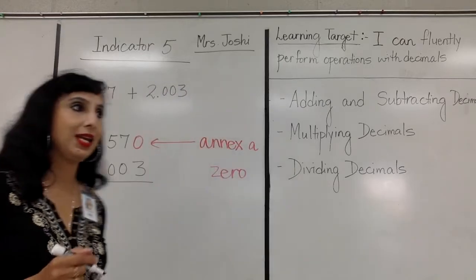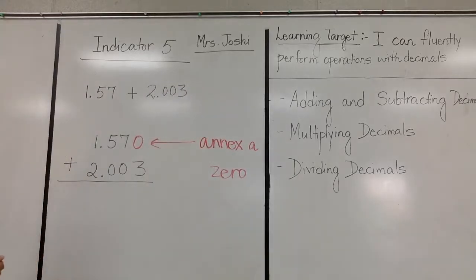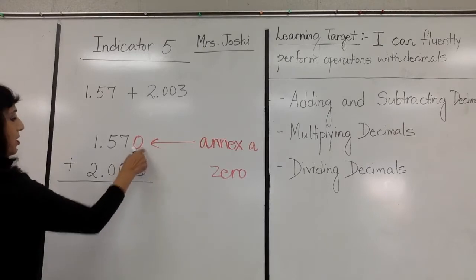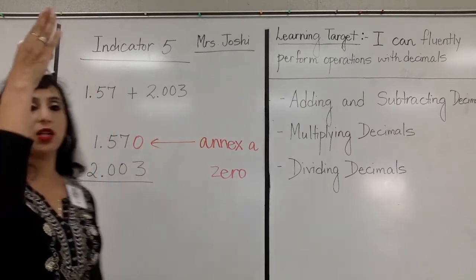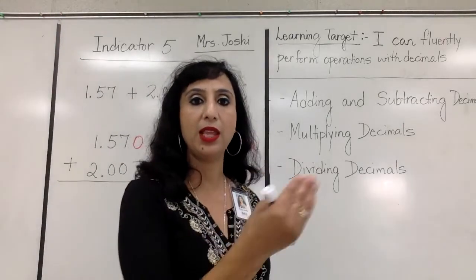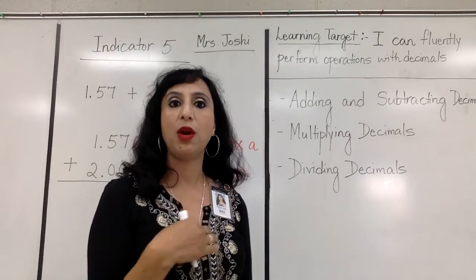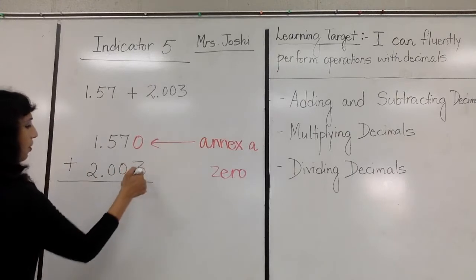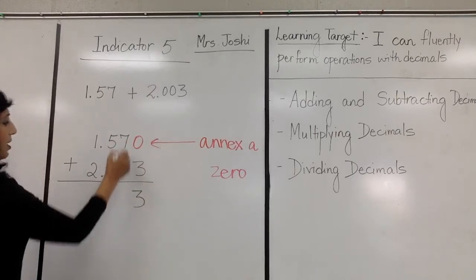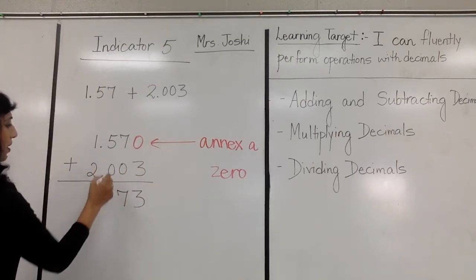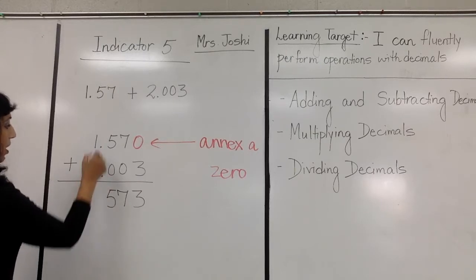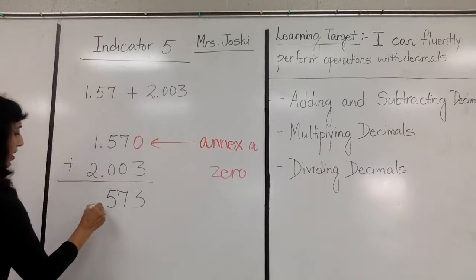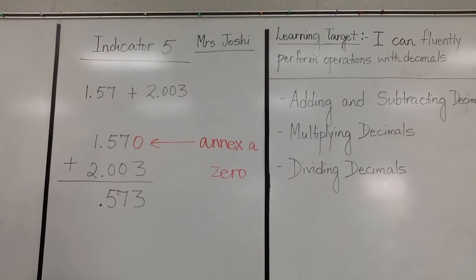Okay, so if I'm adding this and I've annexed a 0, please start on the extreme right column and then move towards the left when you are adding or subtracting. So 0 plus 3 is 3. 7 plus 0, 7. 5 plus 0, 5. Please bring the decimal down in exactly the same place.